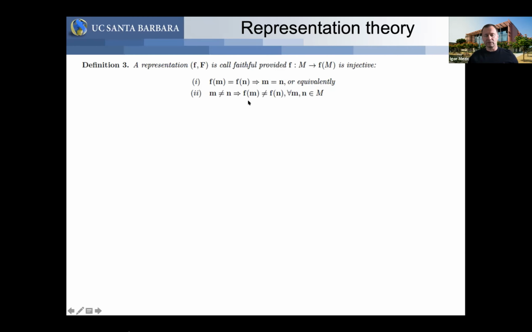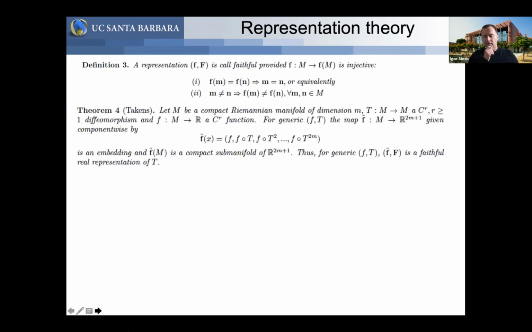Let me do some more definitions. A representation is going to be called faithful, provided my set of functions f is injective. In other words, it separates the points on my original set. So if m is different than n, then f of m is different from f of n as well. And I can now immediately do a classical Takens theorem in this language. So far I've provided just a little bit of language.